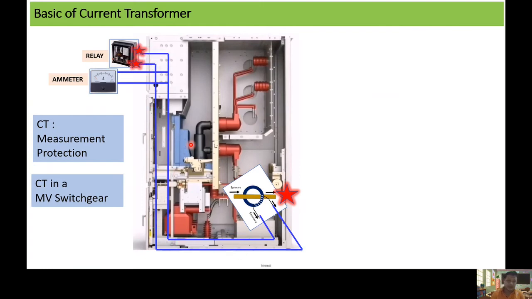This will be experienced by the relay, and this relay will now be used to actuate the trip coil of the circuit breaker, which will trip the circuit breaker, isolating the system and protecting the different equipment which was connected to this circuit. So this is how the measurement and protection is being managed with the help of a current transformer.